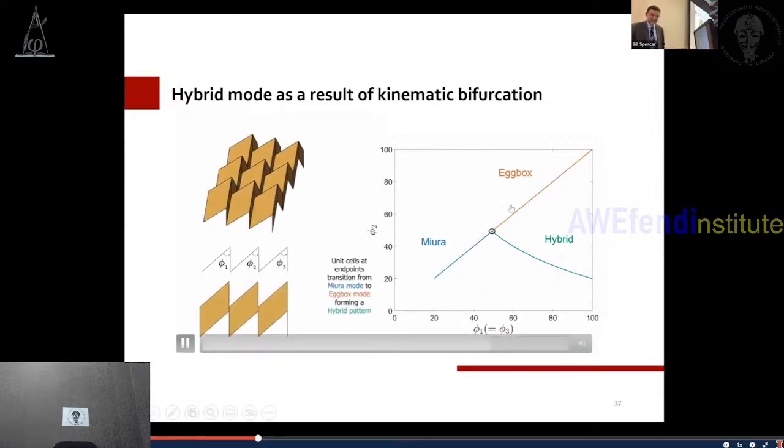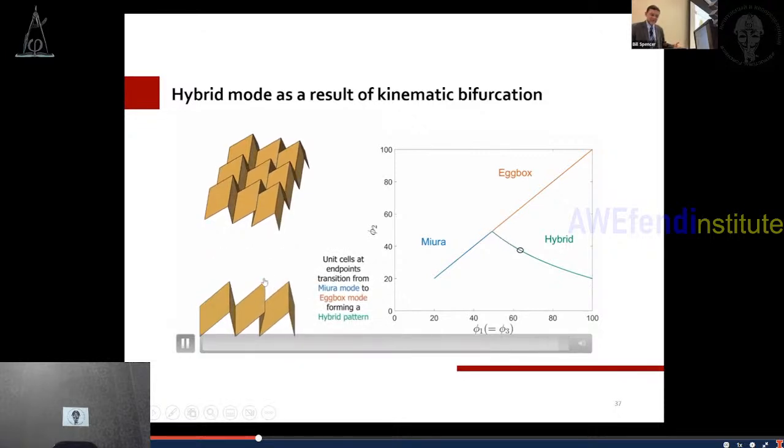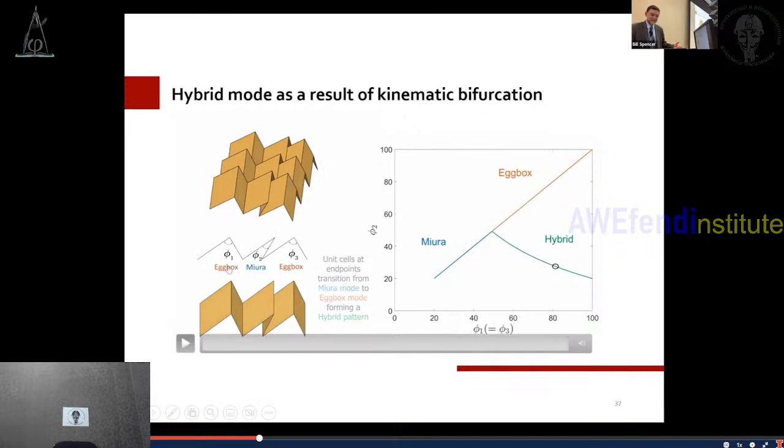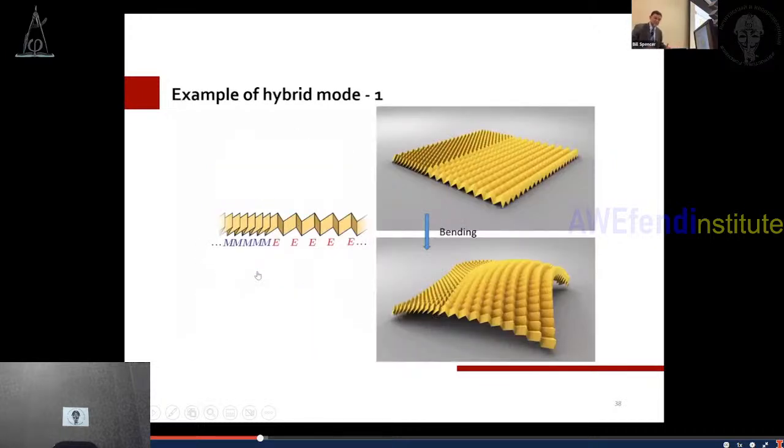And they don't need to be all equal like before. Then I can go to a hybrid mode where I have some units that are egg box and some that are Miura. As you can see here, the endpoints transition to an egg box, and the central one to the Miura. And we can use this, for example, now to design metamaterials.